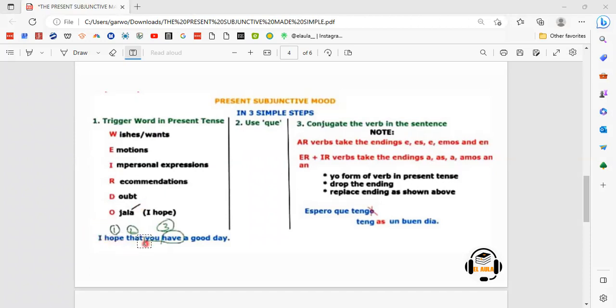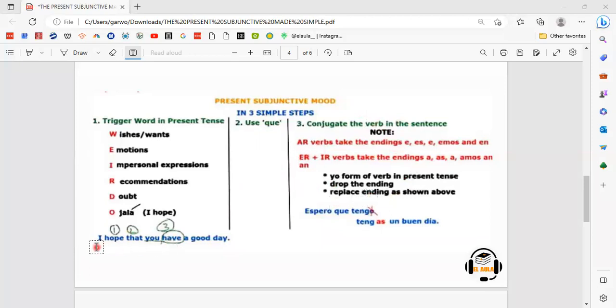And then there's this little built-in example here. I hope that you have a good day. So this is the first part right here, I hope, of our subjunctive statement. The next thing is that que will always be between the trigger word and the change of subject, right?